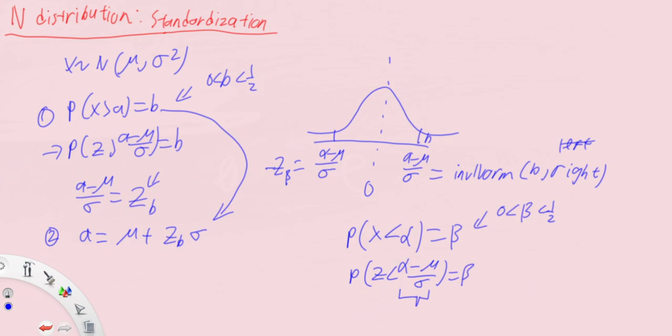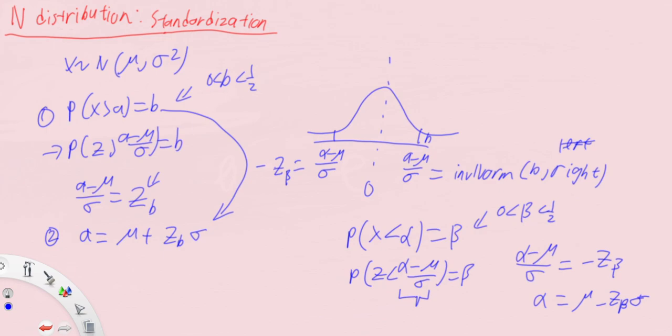Don't forget z_beta, or rather the inverse norm, which we represent as z subscript anything, will always be a positive value. As such, we have a negative sign right here. Therefore, we can get a similar equation, and I'm going to show you how it's derived. So this equals minus z_beta. Alpha then simply equals mu minus z_beta times sigma.